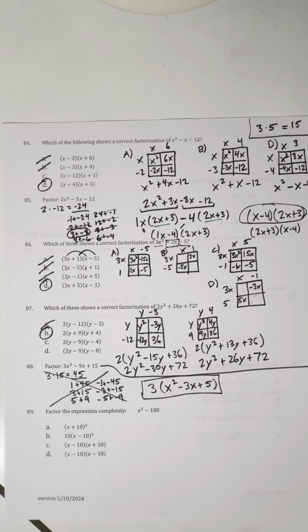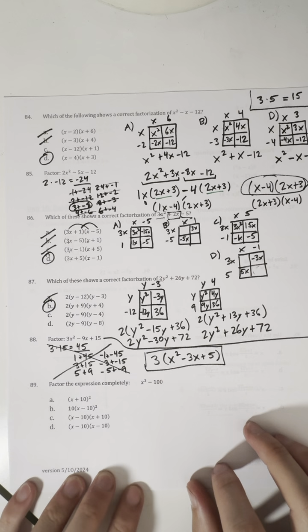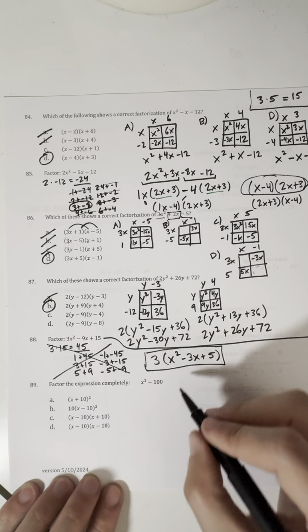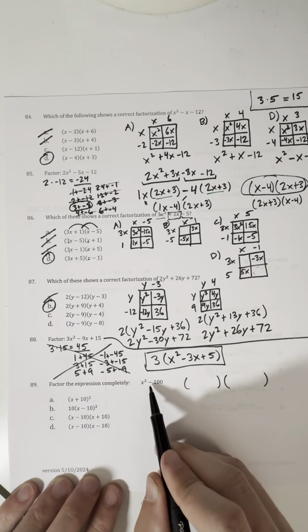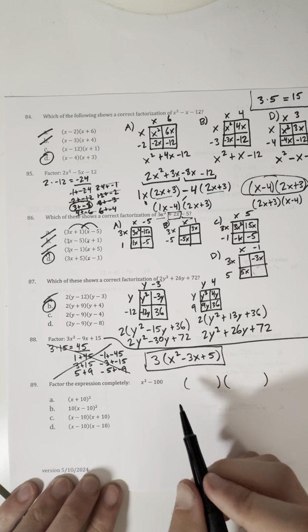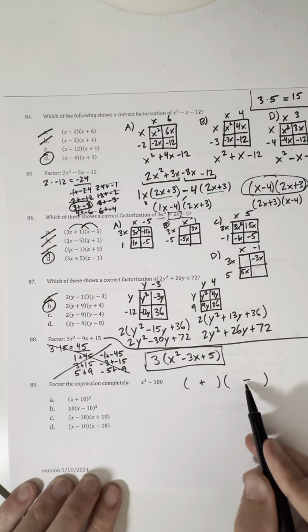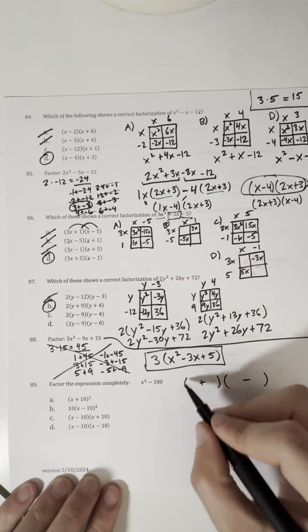All right, number 89, x squared minus 100. This year I did not teach this because I don't think it comes up very often. It's not very important, but for future reference, this is a difference of squares where we're subtracting 2 square things. These kind of problems always end up with a plus and a minus being multiplied together, where you divide the power in half.